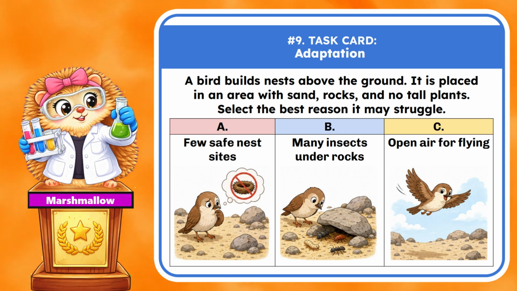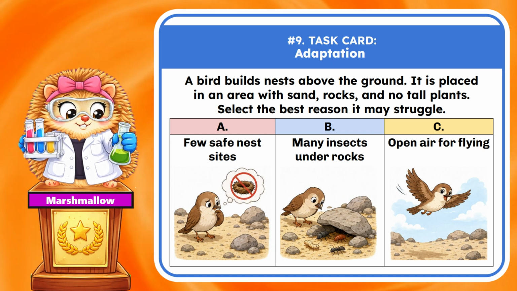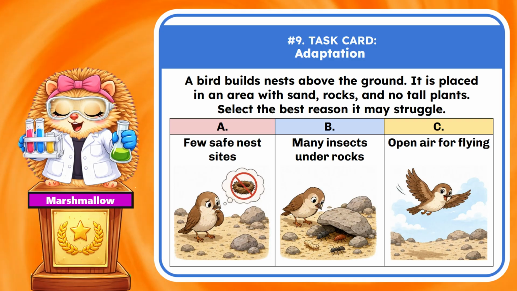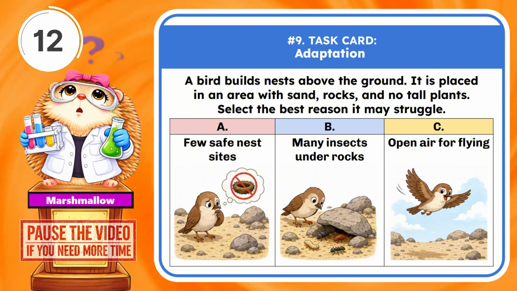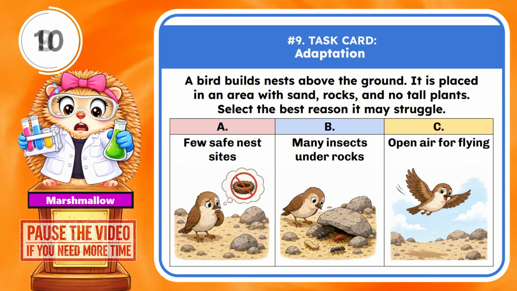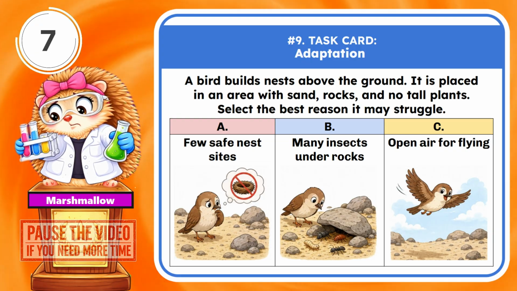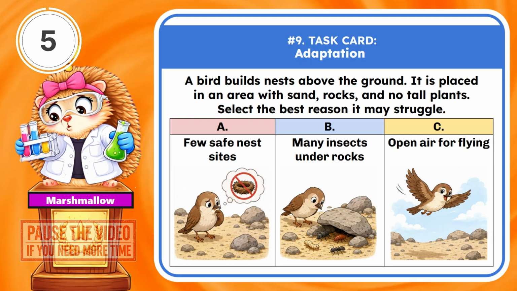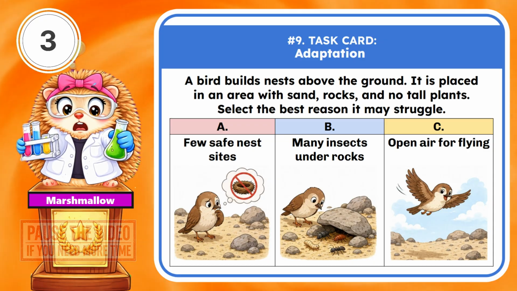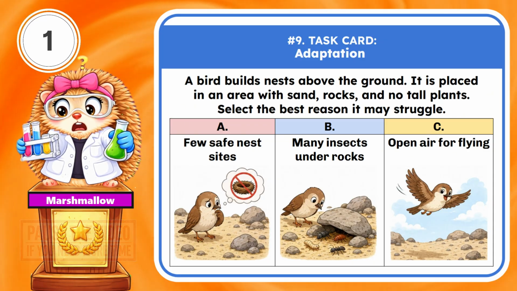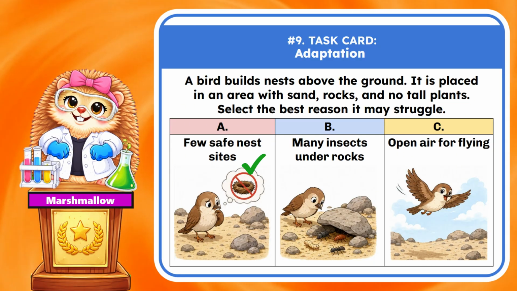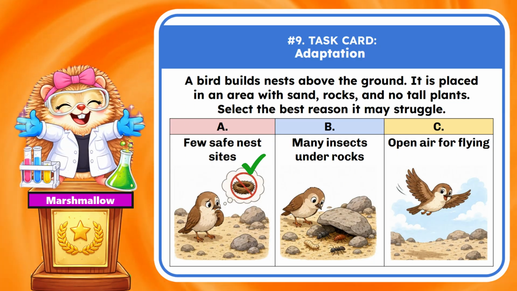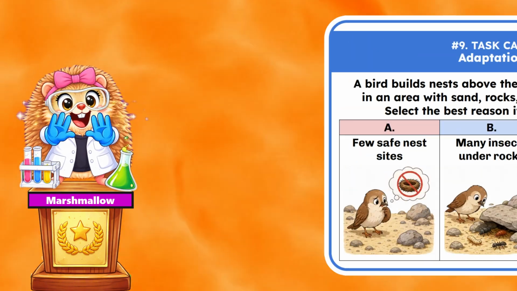It is placed in an area with sand, rocks, and no tall plants. Select the best reason it may struggle. And the correct answer is letter A, few safe nest sites.